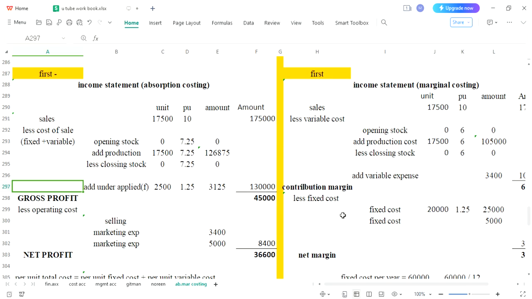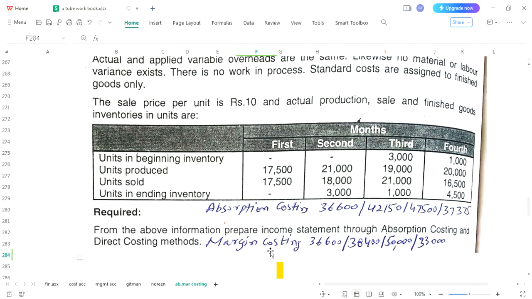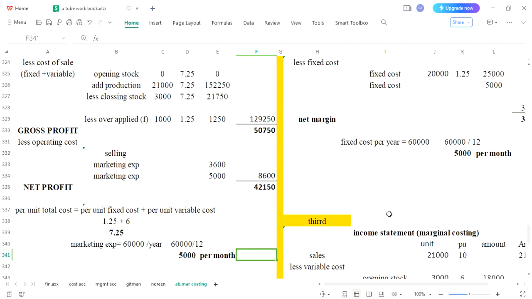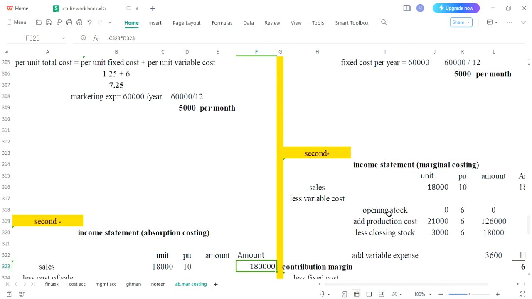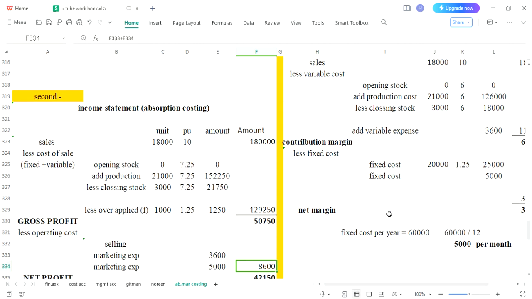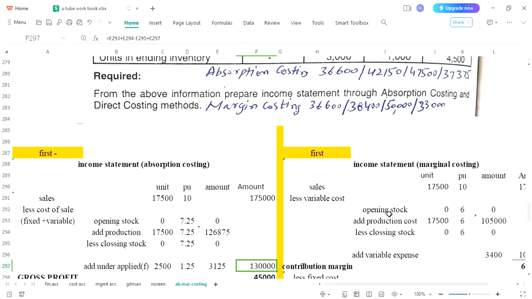36,600. Here is your answer 36,600 for the first part. For the second part 42,150. This is your second part, and the answer is 42,150. And then the third part 47,500.